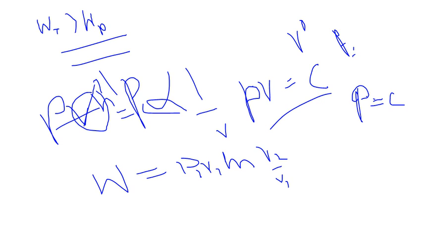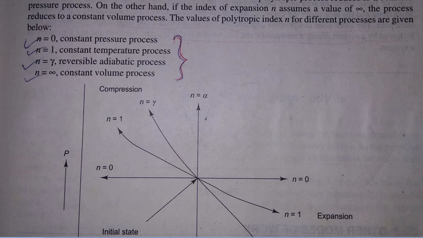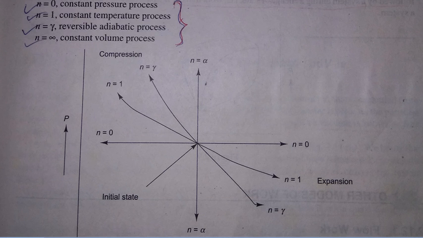Again I am telling you, P v to the power n is equal to constant. Now n is equal to 0, so this part will be 1, so pressure is equal to constant. Is it clear? So for n equal to 0, it is the isobaric process, the constant pressure process.